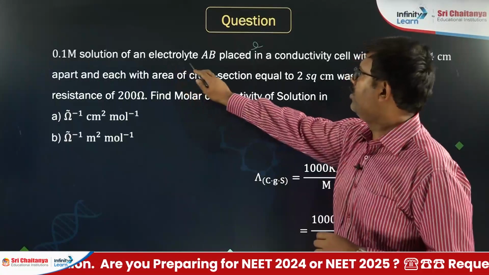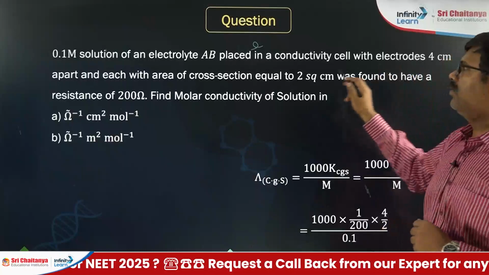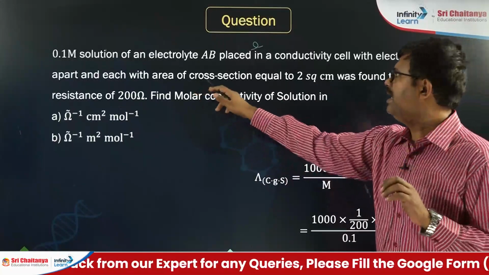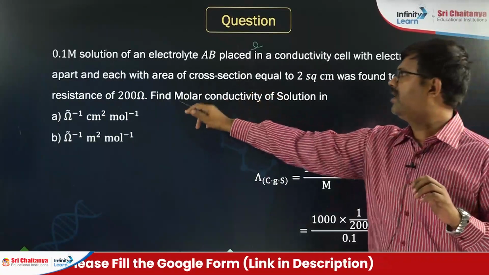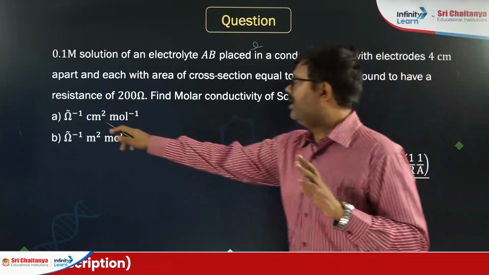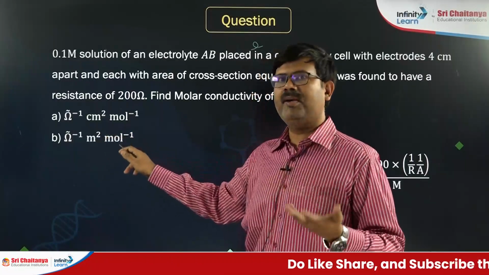A 0.1 molarity solution of electrolyte AB is placed in a conductivity cell with electrodes 4 centimeters apart, each with an area of cross section of 2 square centimeters. It was found to have a resistance of 200. Find the molar conductivity of the solution in terms of centimeter square mole inverse and in terms of meter square mole inverse.